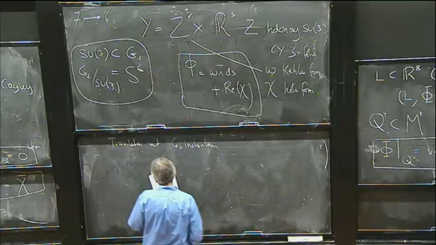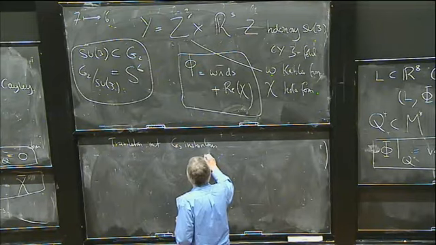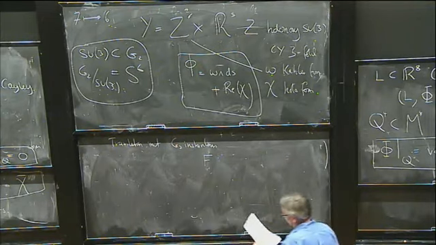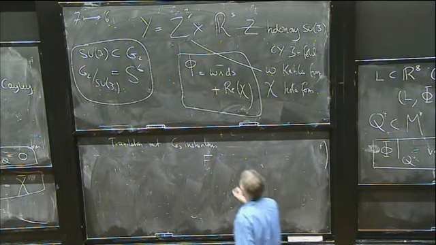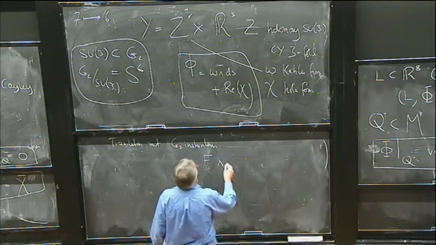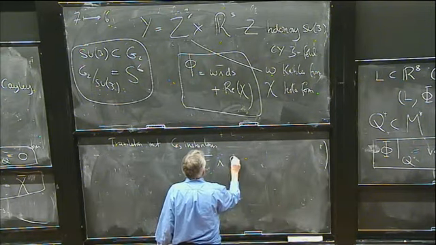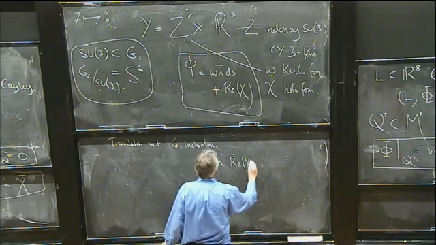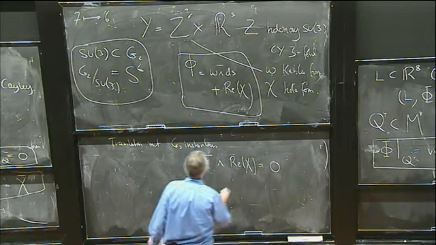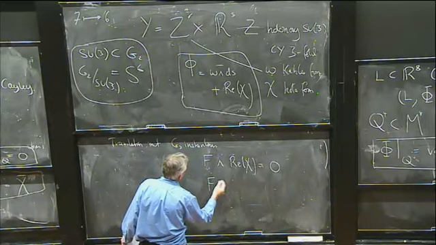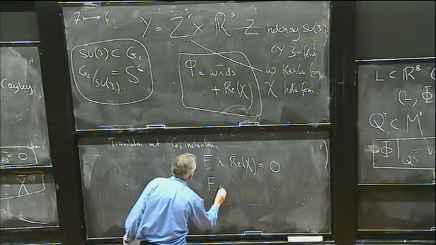They just correspond to connections where the curvature F satisfies 2 conditions. One is that the wedge product of F with this 3-form here is equal to 0, and the other is that the inner product of F with omega is 0.